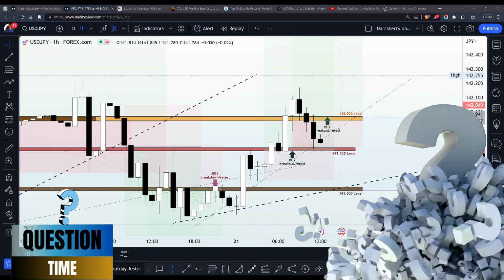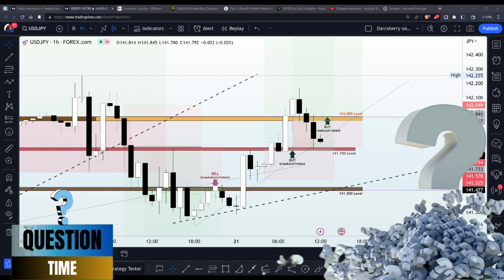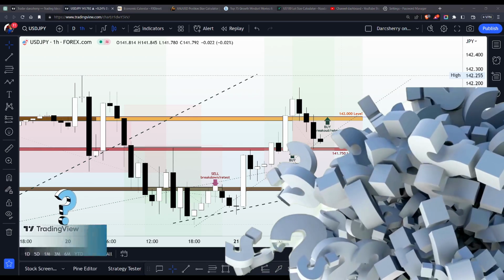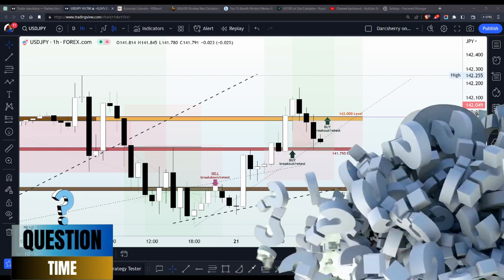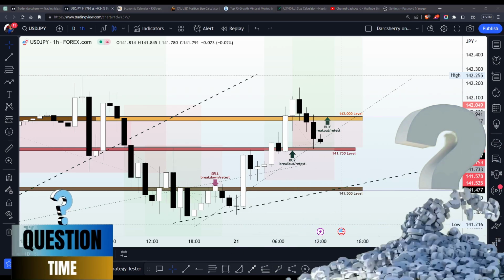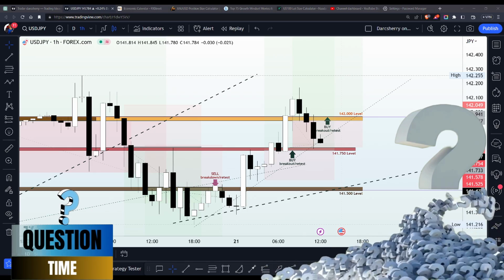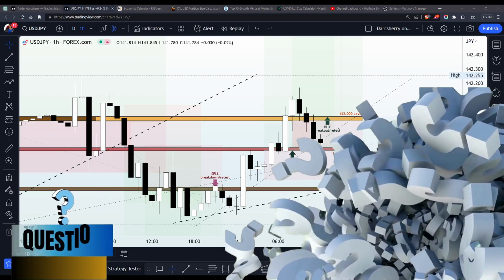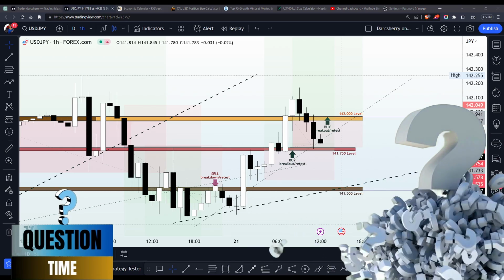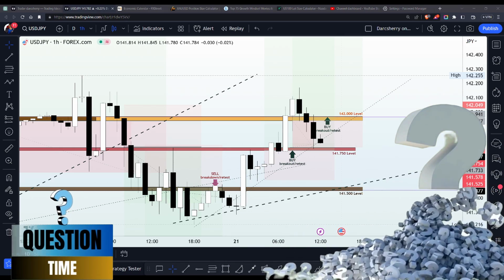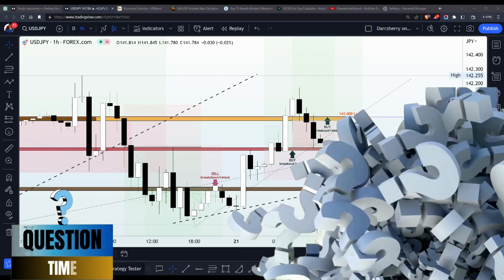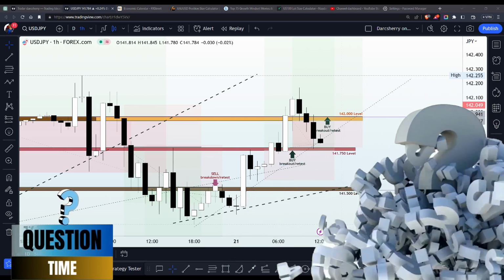8352, I was asking what clarification? Clarification on what? USD, okay. Which of the USD pairs? We had a couple of USD pairs today.